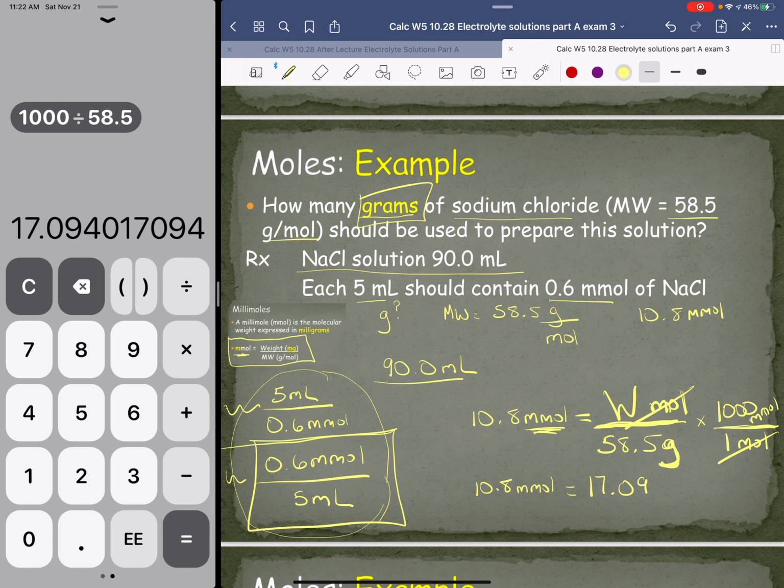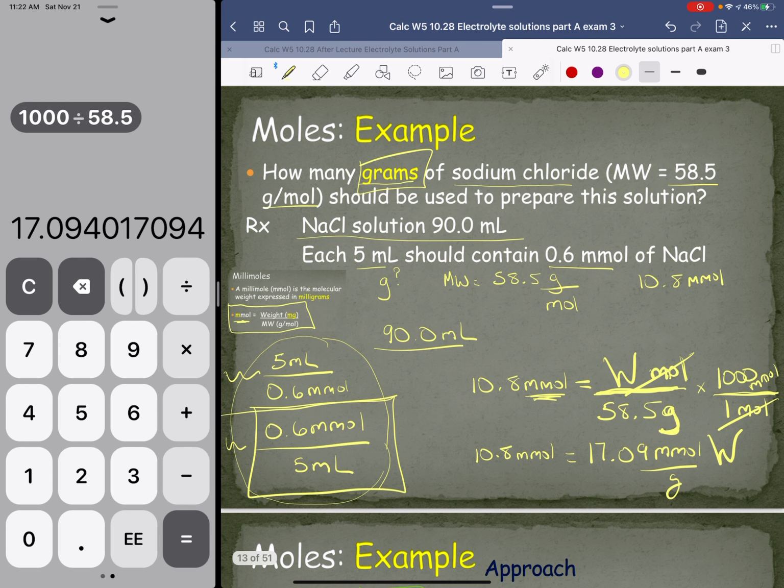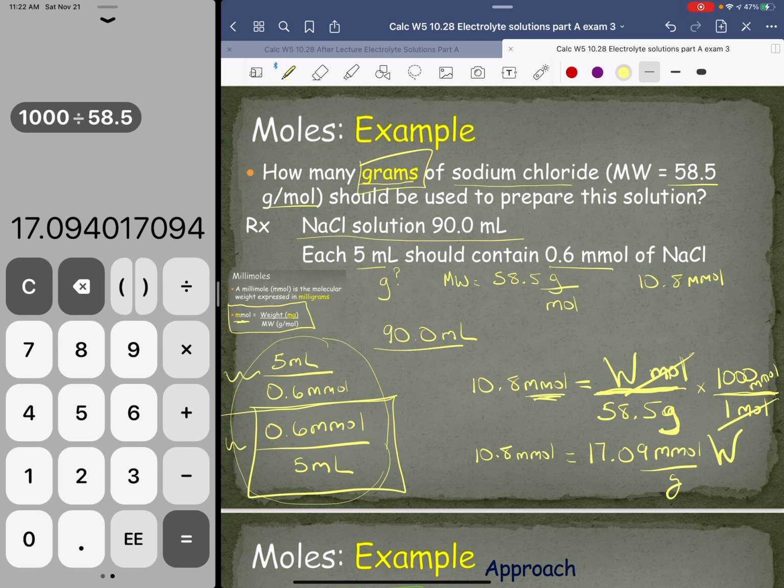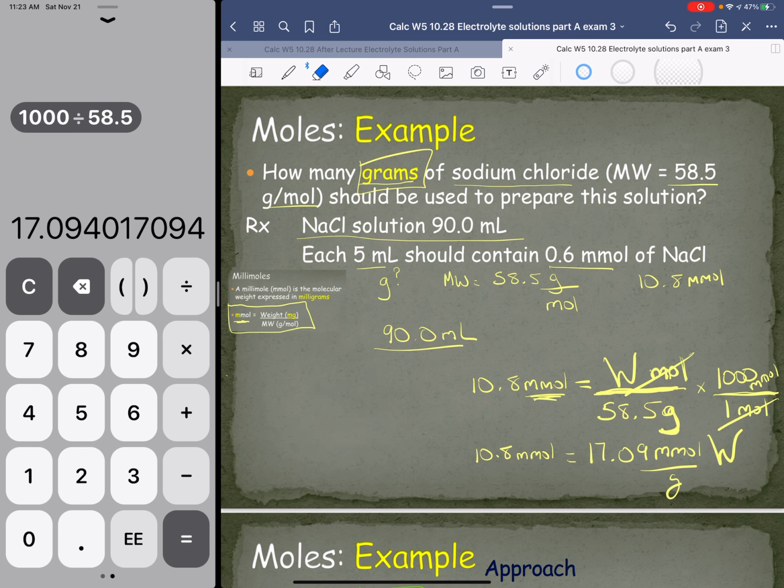So it's going to be 10.8 millimoles is equal to 17.09 millimoles per gram W. And I am running out of room again, so I'm going to come over here and make some more room and move it around.